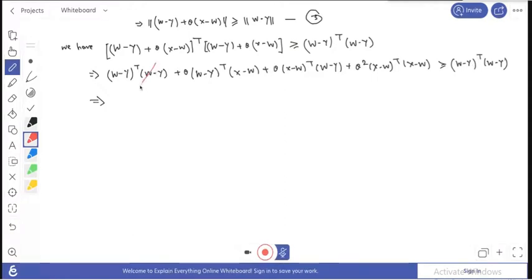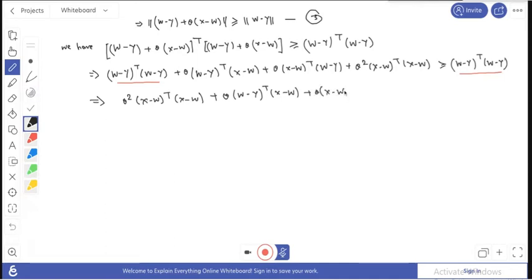Basically this term and this term are both the same, so if these two are cancelled out, we simply get theta square times x minus w transpose times x minus w, plus theta times w minus y transpose times x minus w, plus theta times x minus w transpose times w minus y.